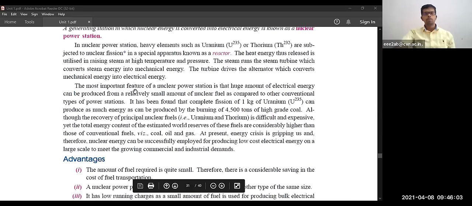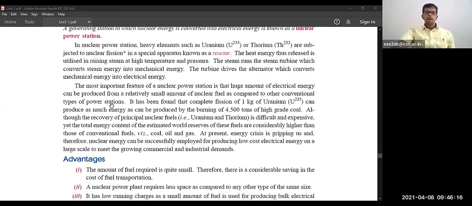The most important feature of a nuclear power station is that a huge amount of electrical energy can be produced from a relatively small amount of nuclear fuel, as compared to other conventional types of power station.